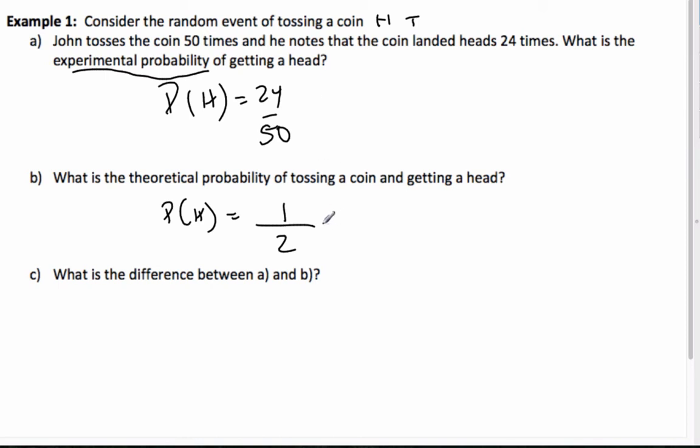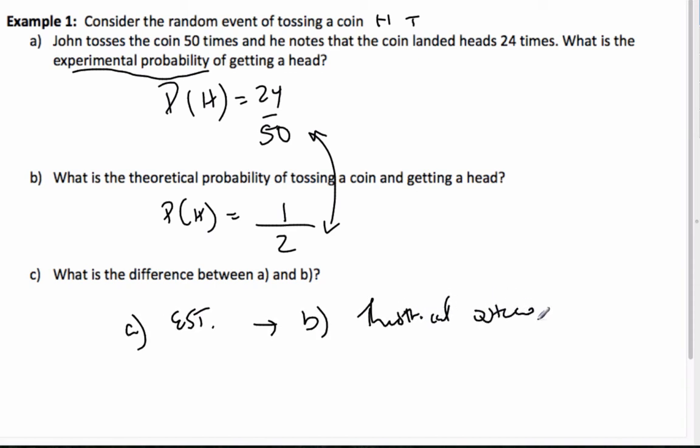Now, these two values are not the same, but they're very close. The difference between A and B is that A is a very good estimate, and B is the theoretical outcome. Okay? I know that if I flipped the coin 500 times, it would be close to 250.